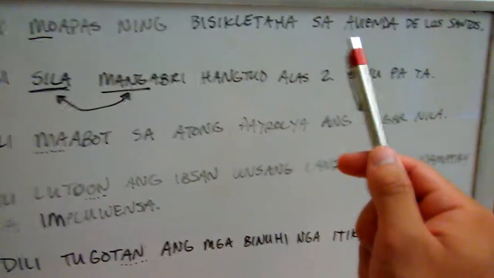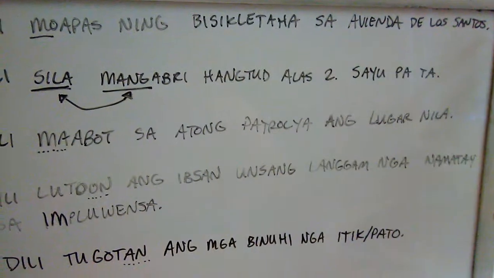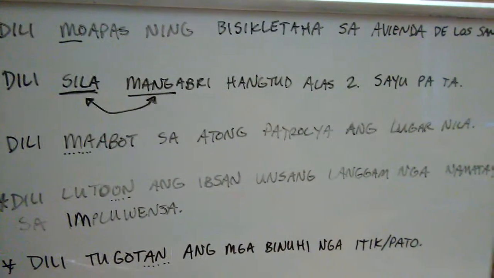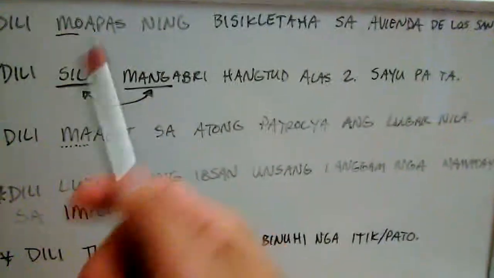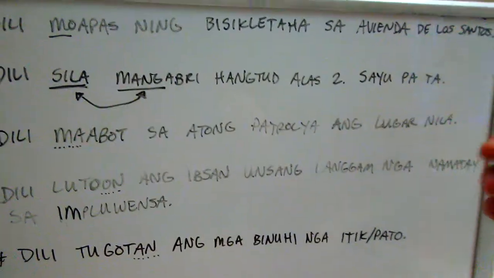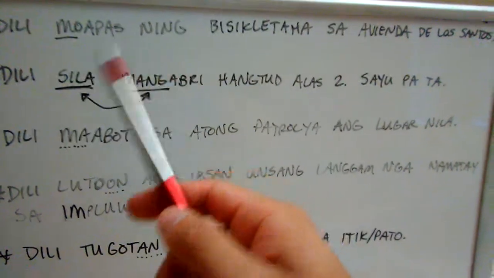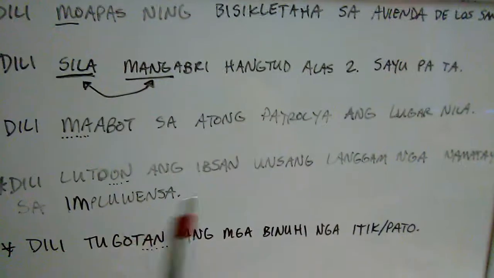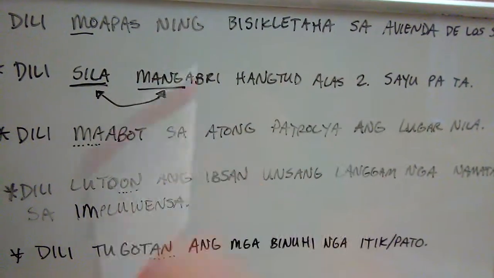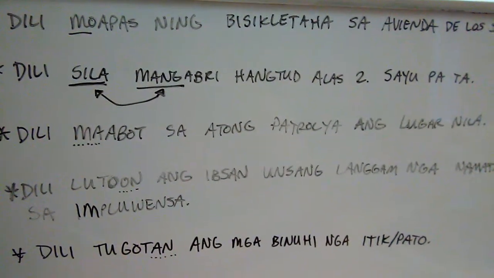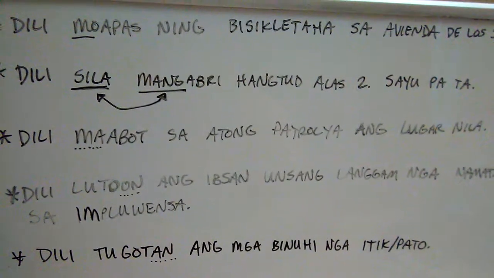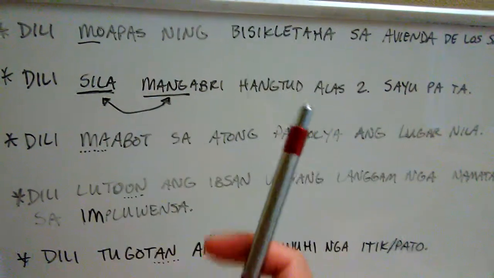Because sa is marking what? Sa is marking Hacienda de los Santos, right? I can even move this around. Dili sa Hacienda de los Santos, mo apas ning bisikletaha. See, I can even move those around. As long as your markers stay in whatever marked form they are, the word order is flexible.